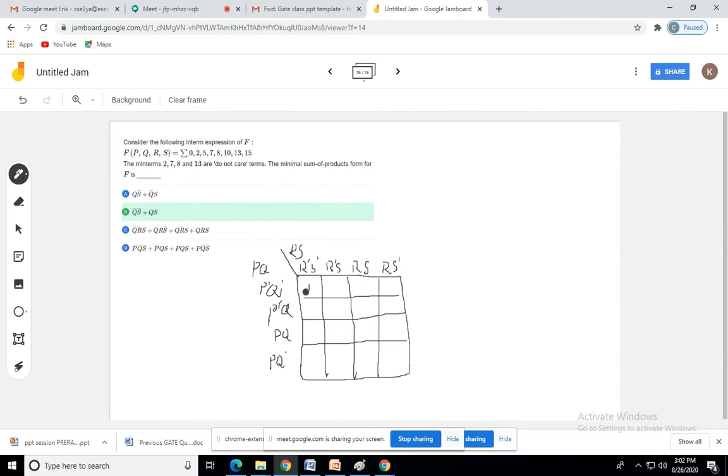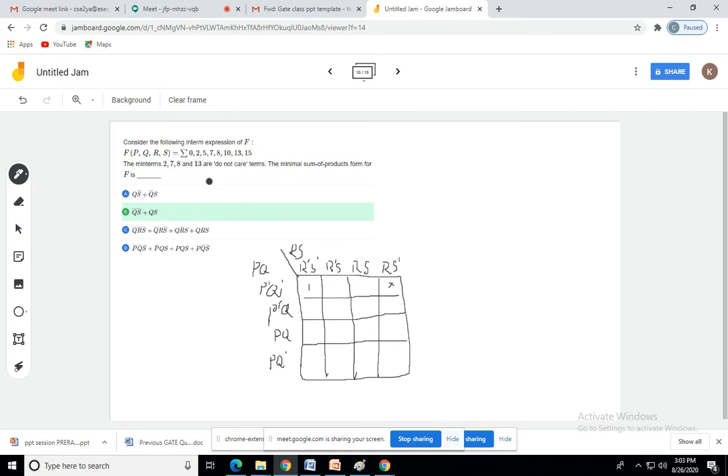Minterm 0 is plotted in the corresponding cell, and minterm 2 is plotted here and considered as don't care. A don't care term is represented as X. If it is needed, we can include it in our function. If it is not needed, don't bother about it, because from the name itself we can understand it is a don't care term.